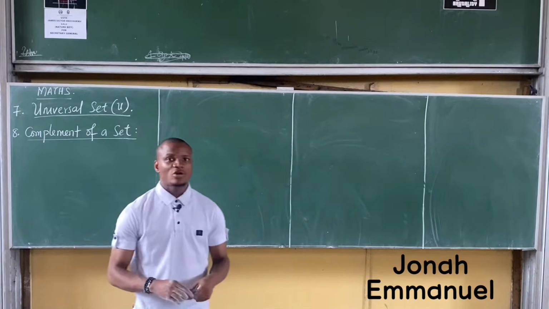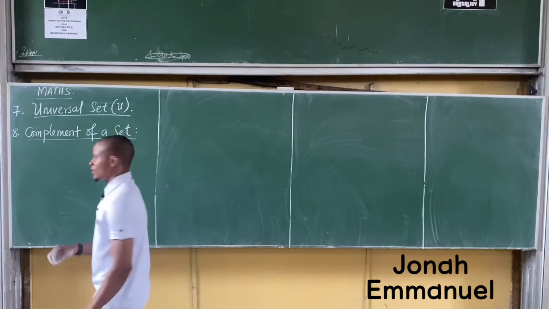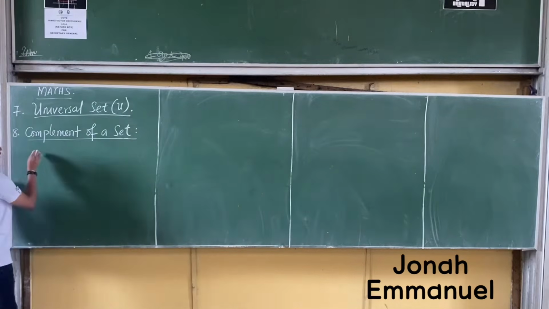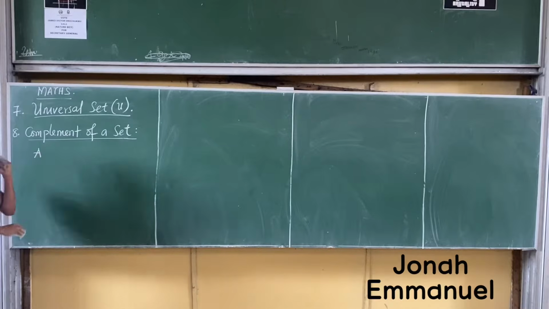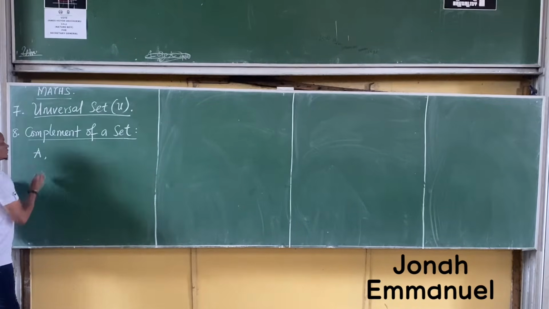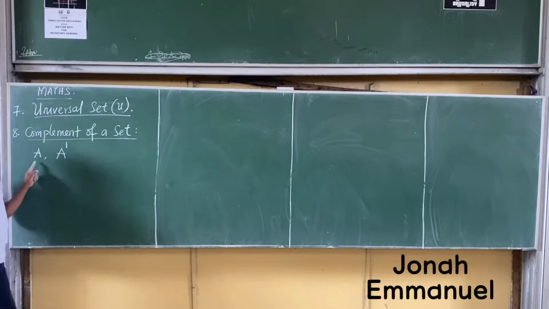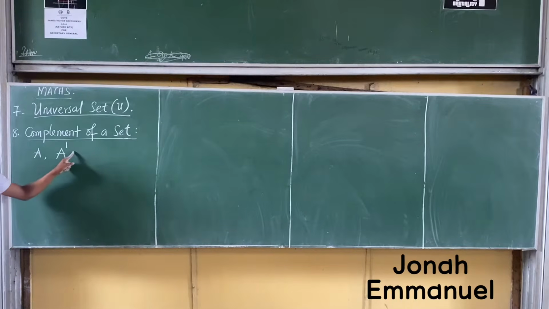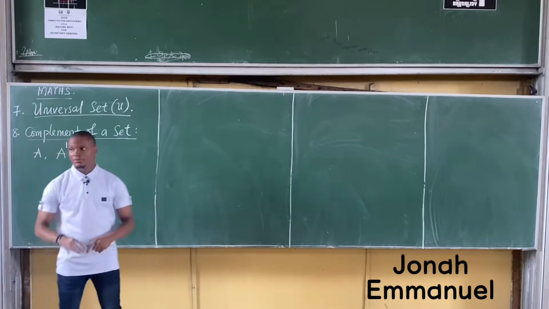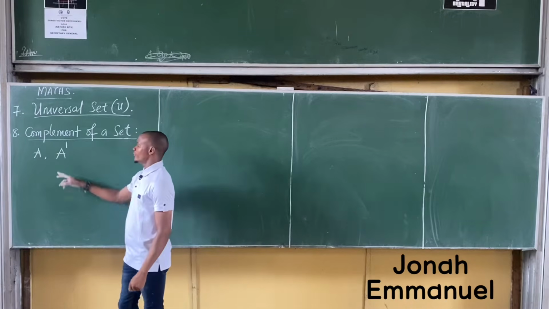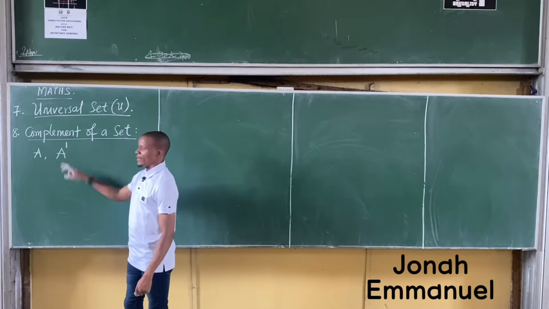Next up, let's look at the complement of a set. Given a set A, the complement of A is written as A prime.